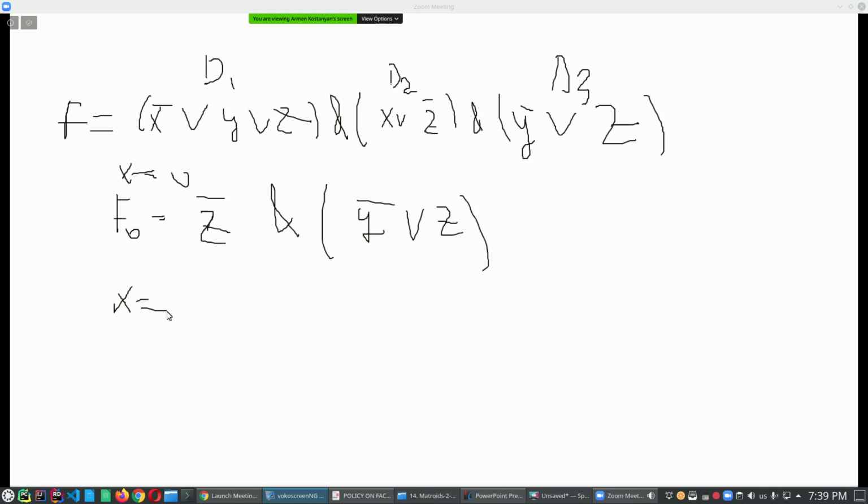In the case when x is equal to 1, we get formula F1, which looks like this. If x is 1, negation of x is 0, so we have y disjunction z. Then we have 1. The second disjunction evaluates to 1. And the third disjunction remains the same, negation y and z.